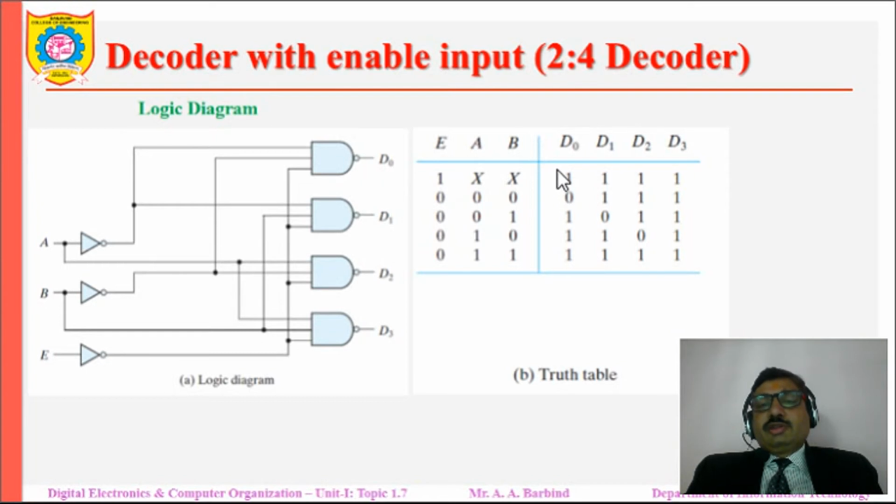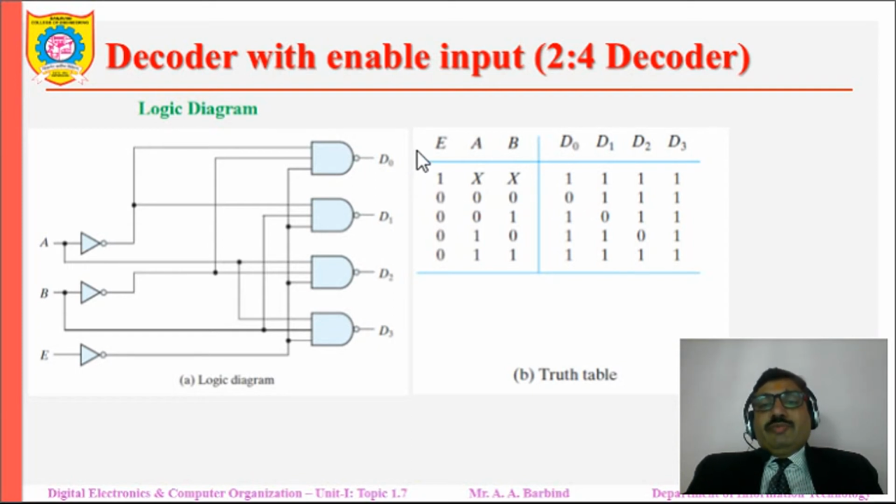In the similar fashion, if you see the outputs, the normal state of the output is 1, whereas when the output is enabled, then it is 0. Okay, the selected output is 0. So here we can say that this particular decoder has active low output, that is the output which is active, it is 0.